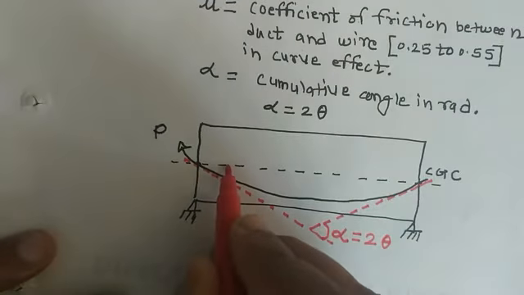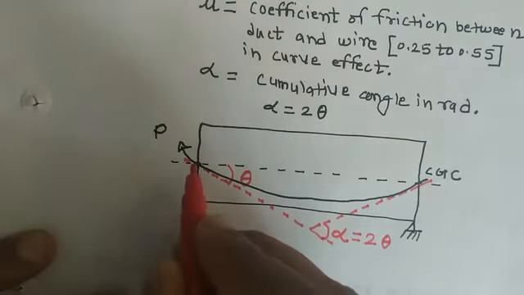This theta is nothing but the angle made by the tangent at this end.